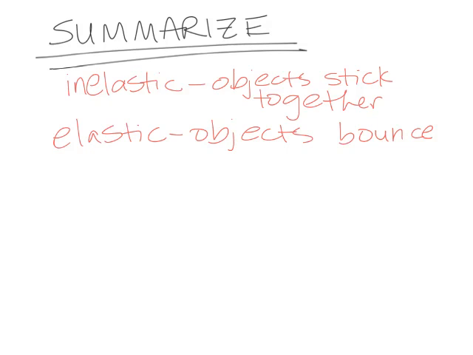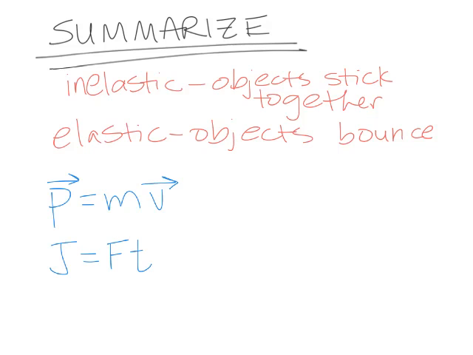So to summarize what we learned in today's lesson, we looked at the difference between elastic and inelastic collisions. We found the formula for momentum, which was momentum is equal to an object's mass times velocity. We also related forces back to what Newton had said and looked at our change in momentum over time and how that relates to F equals ma, and we used that to come up with a formula for impulse.